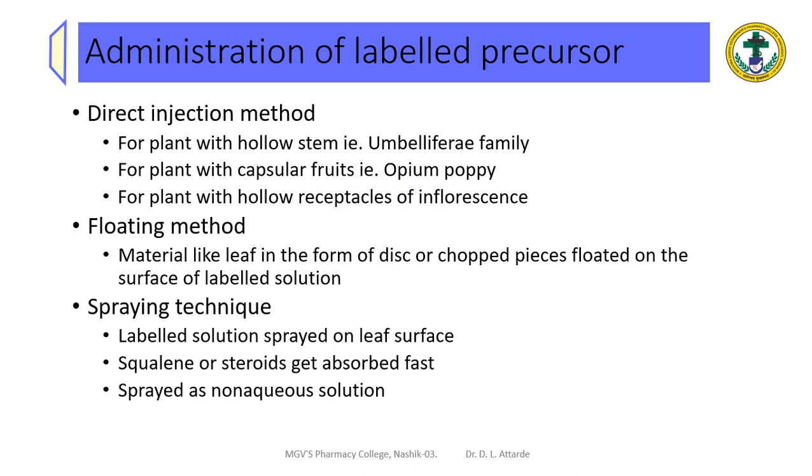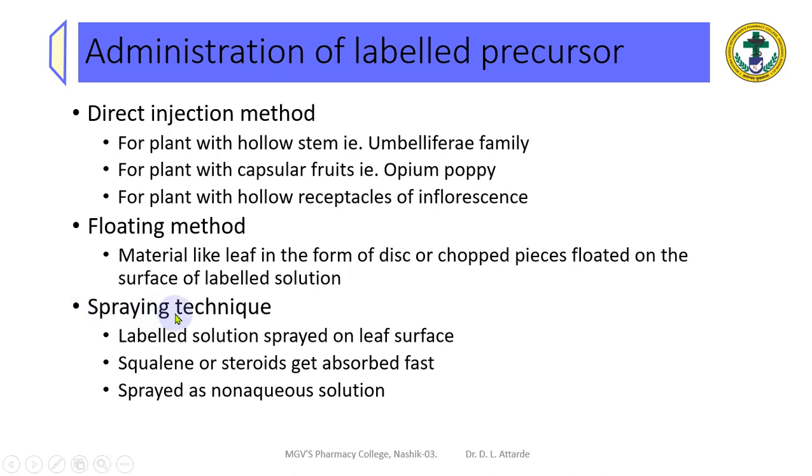The next method is the floating method. Here materials like leaf, in the form of discs or chopped pieces, are floated on the surface of the labeled solution. So either leaves, or in case of rose petals, these can be floated over this, or pieces of some leaves can be put directly over your tracer solutions.